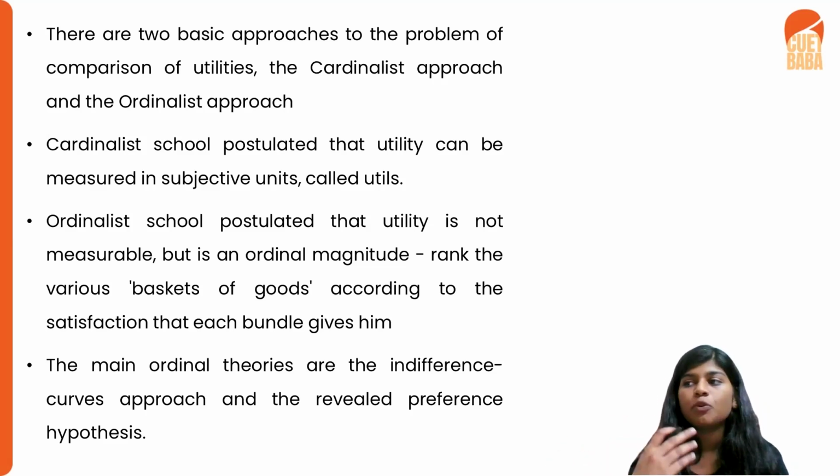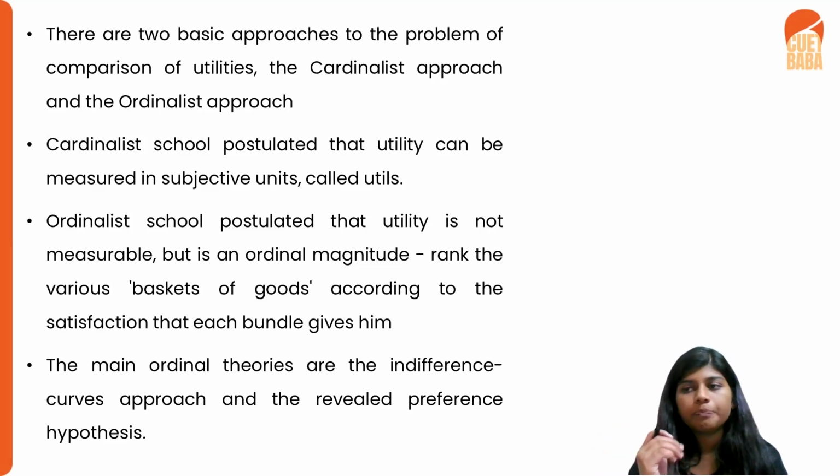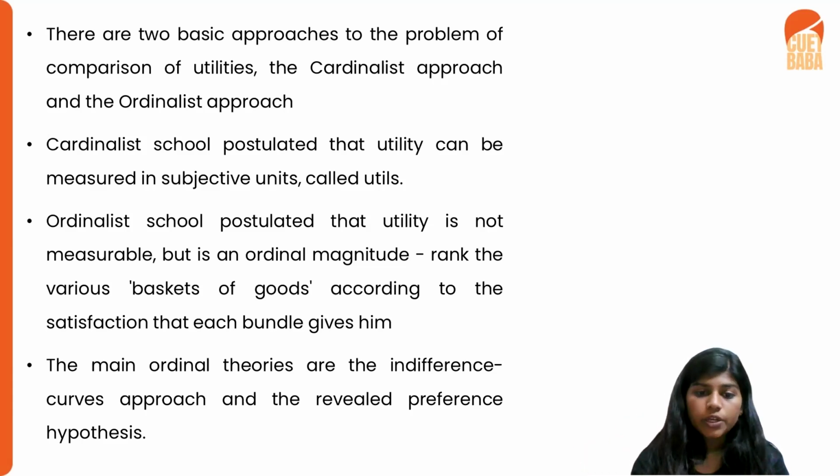Suppose I have five goods, I can rank which one is of more priority for me, and based on my preference, I can buy that commodity. But on the other hand, for the cardinalists, a number was given to each commodity. The main ordinal theories are the indifference curve and the revealed preference hypothesis, which we'll see in further classes.